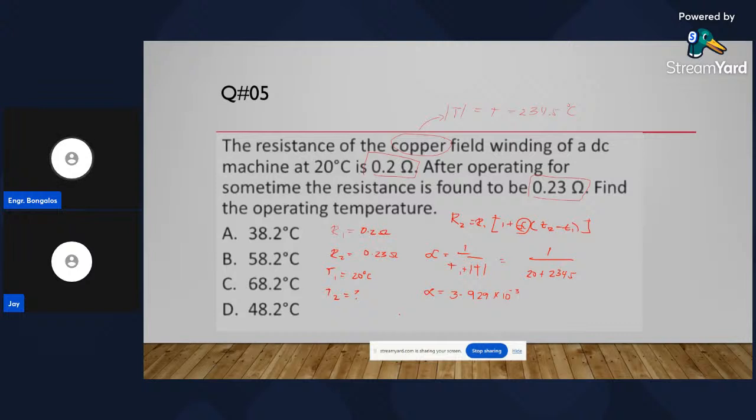So, yung R2, ilan yung R2 natin? 0.23 equals 0.2 times 1 plus 3.929 times 10 raised to negative 3 times T2 minus 20. Then, sa case na 'to, shift solve na lang natin. So, using shift solve, makukuha natin na sagot is 58.2.